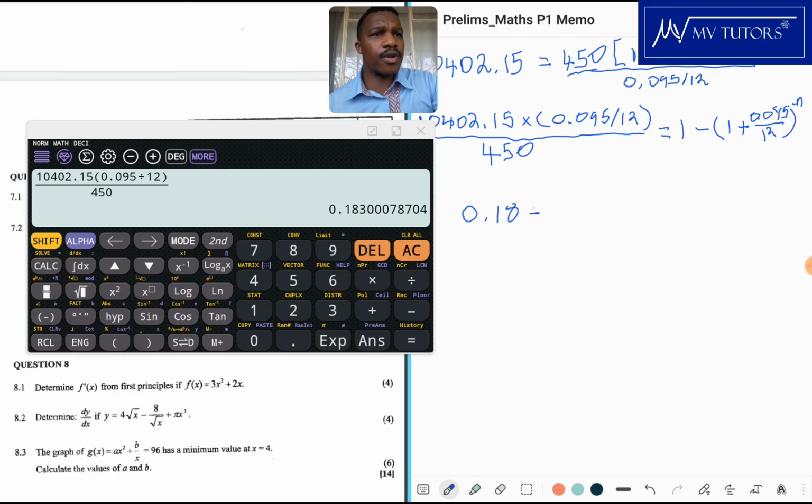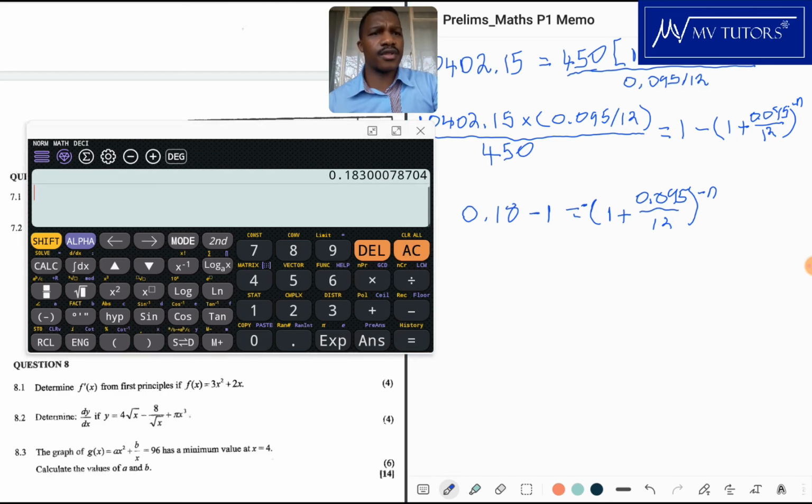Then I'm going to say minus 1, that's going to be equal to that bracket, and this bracket is also going to be negative, 1 plus 0.095 divided by 12, to the power minus n. Oh man, I hate this tablet, but anyway, let's work with it. Let me just do that and say the answer minus 1, and then I get minus 0.82.